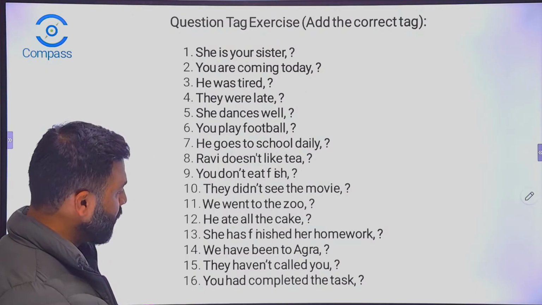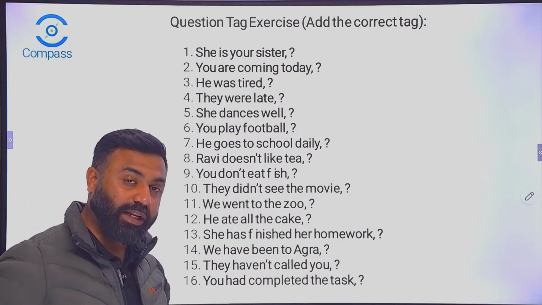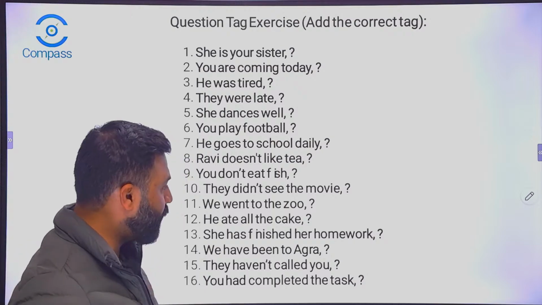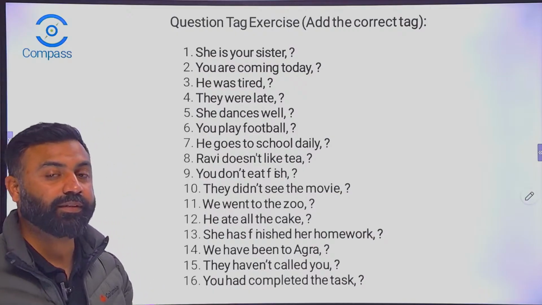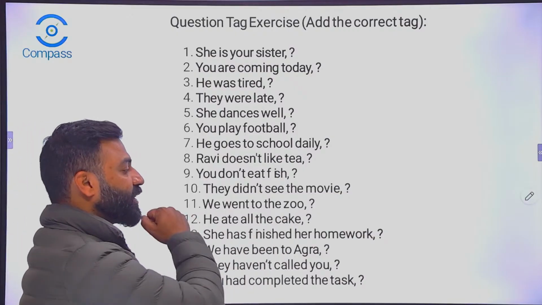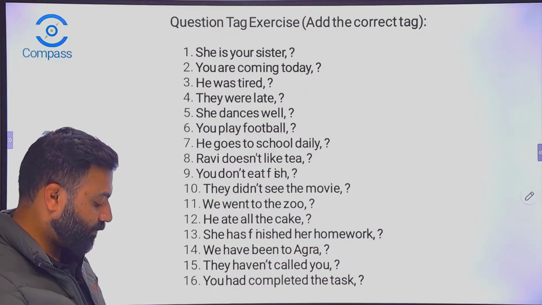Come on. We went to the zoo. No, it cannot be did they. No, no. We need to have a negative question tag. Since the sentence is positive, we need to have a negative question tag.